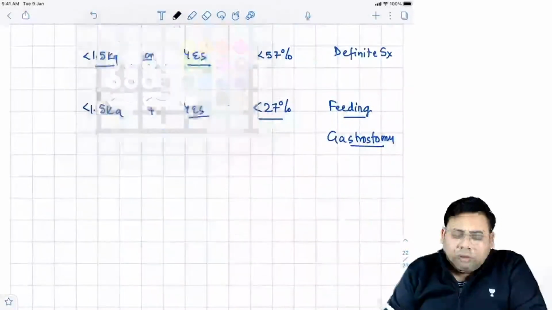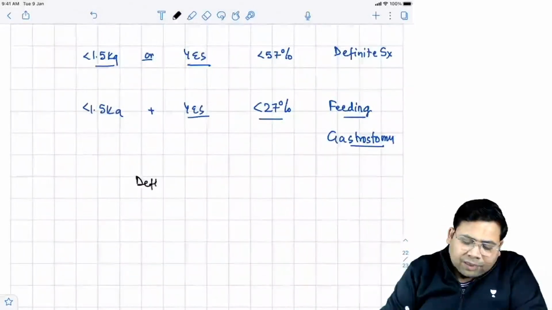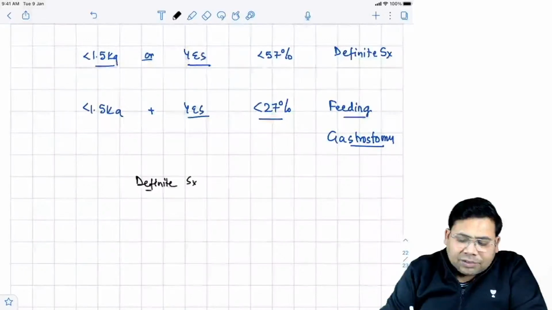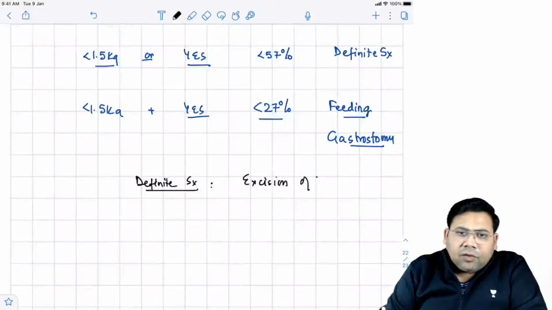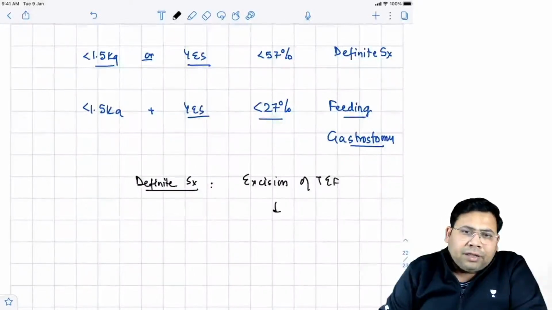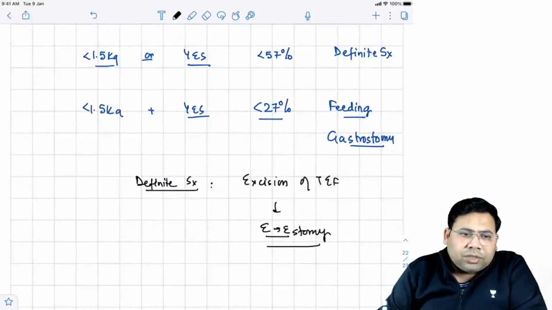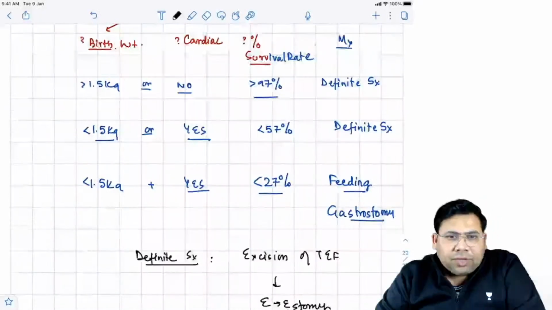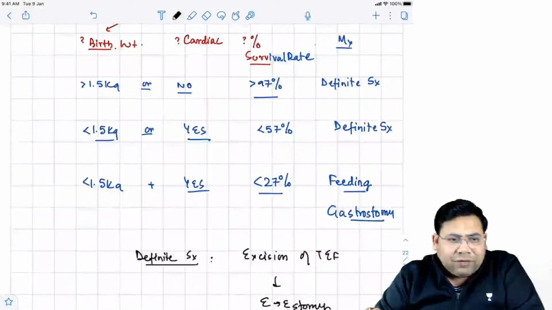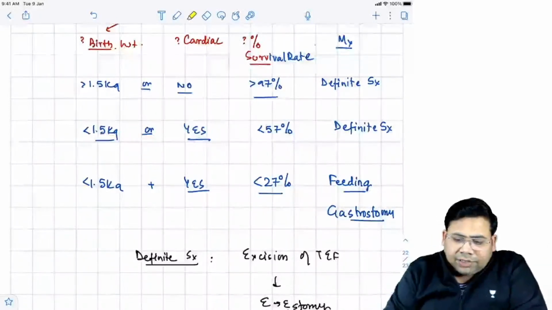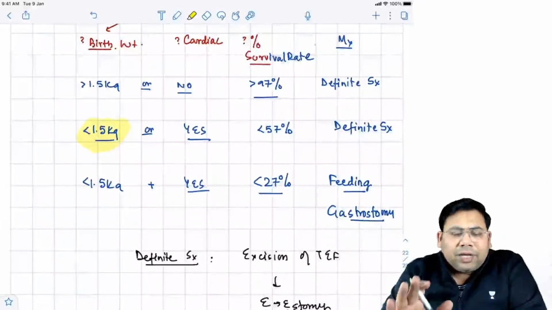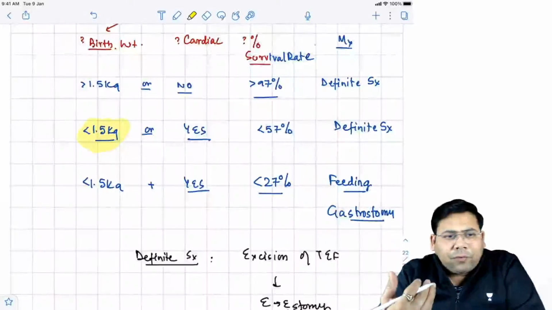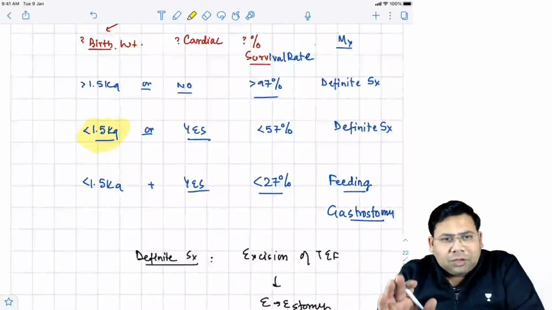Children, you also know what the definitive surgery is. The definitive surgery is excision of the fistula of TEF, and along with that esophagostomy. No children, look, the criteria is a bit different. Try to understand here, less than 1.5 kg. Earlier it was 2.5 to 1.5, now all that is gone. All those things are gone now.